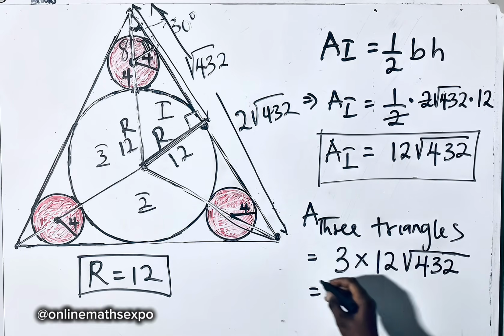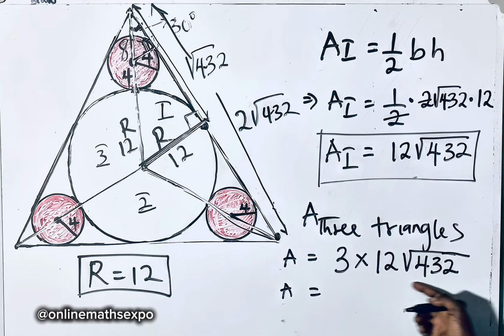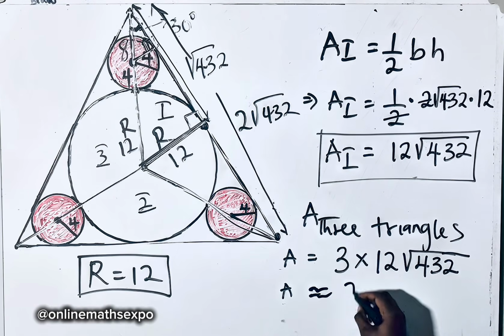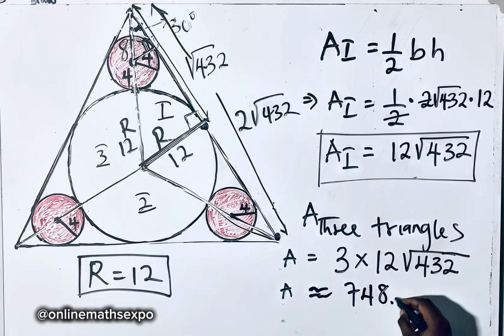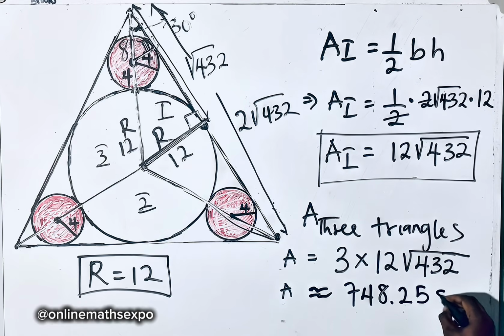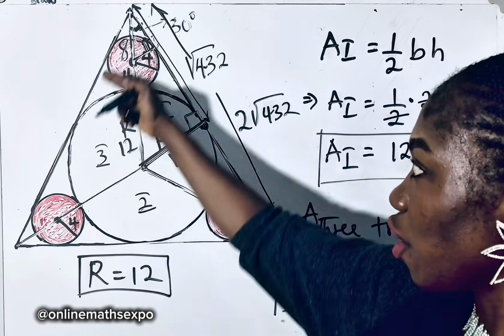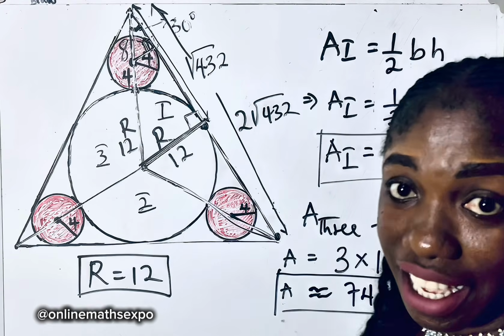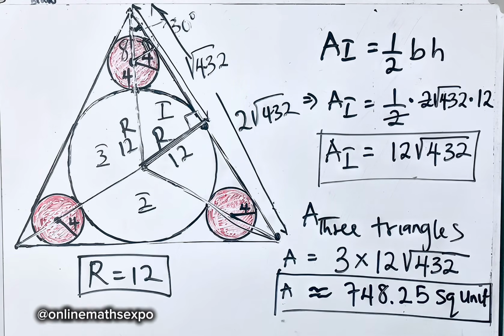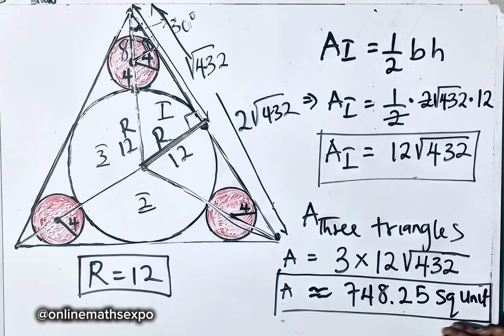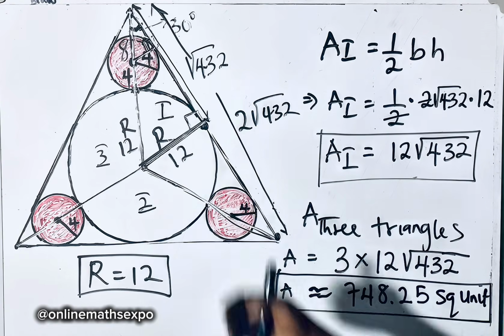If you simplify this, punch this in the calculator, it gives us area is approximately 748.25 square units. Now that you have found the area of the three triangles, can we now find the area of the main triangle? Yes, the area of the main triangle is the same as the area of the three triangles summed. So this gives us the answer to this question.